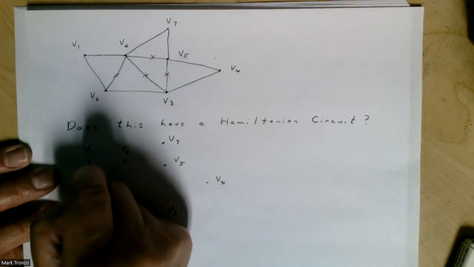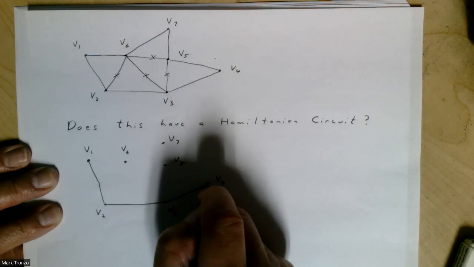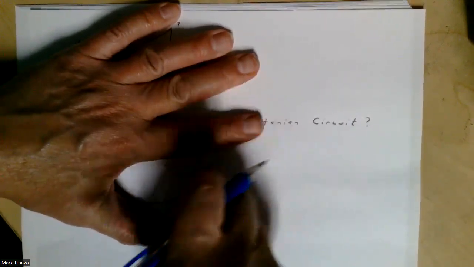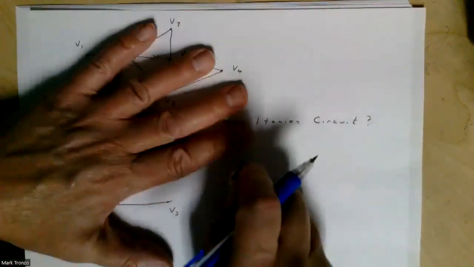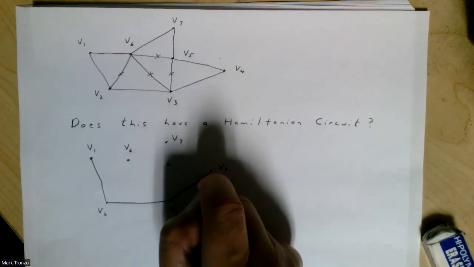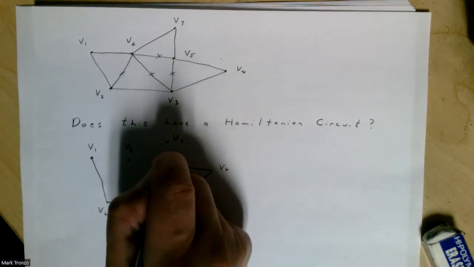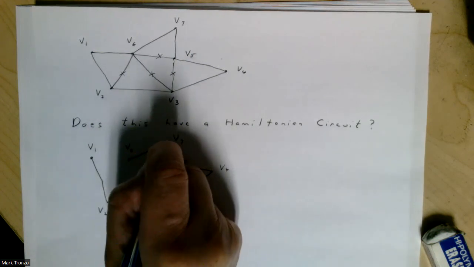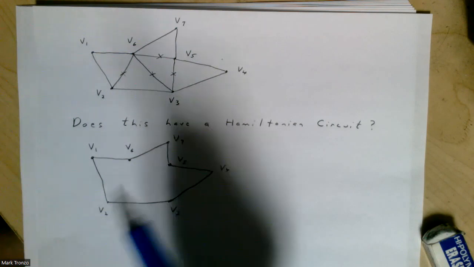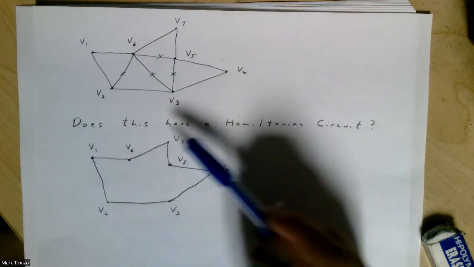And so this is going to be the subgraph H. That would be our subgraph H. Remember, the subgraph has to contain all the vertices, and the degree of every vertex has to be 2, and that's it.